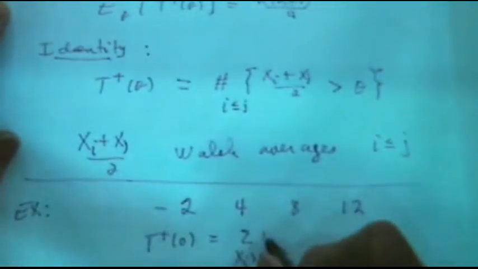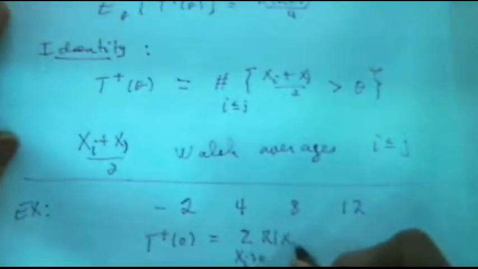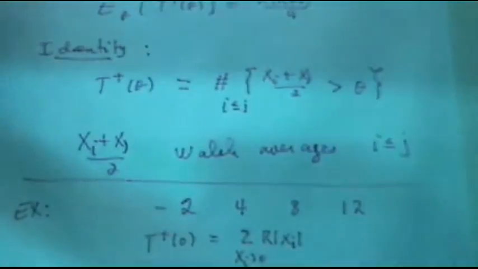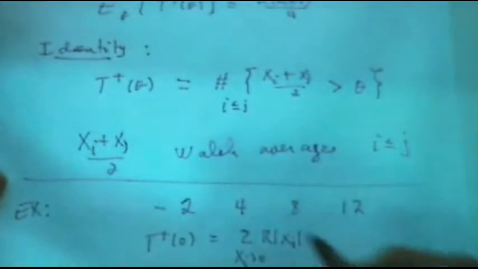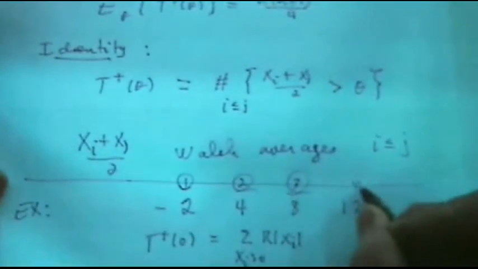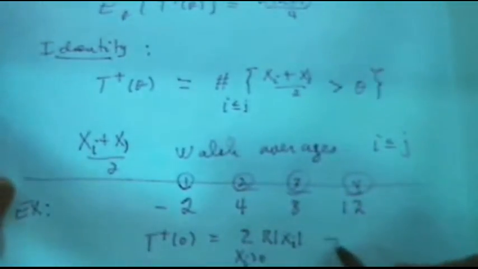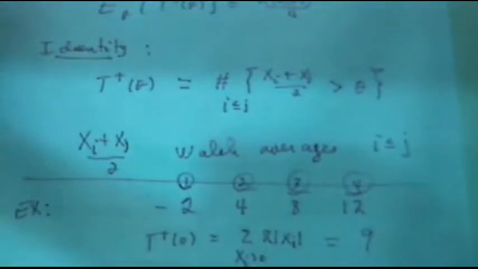You want the sum of the ranks of the absolute deviations, right? But if theta is 0, so that would just be 0. So when you take the absolute value, this gets rank 1, this gets rank 2, 3, 4. So this, of course, comes out to 9. Right?